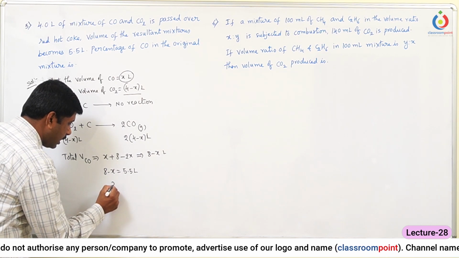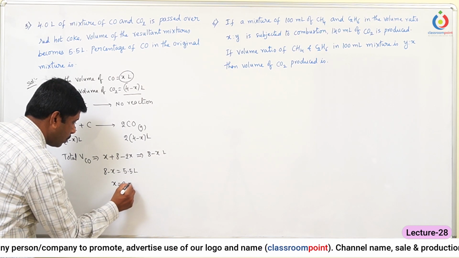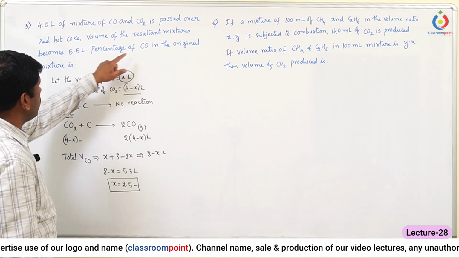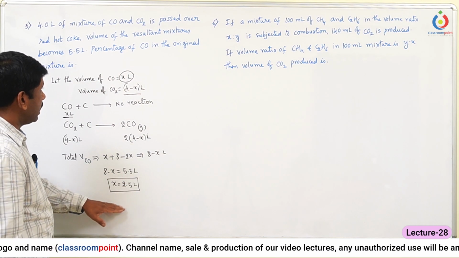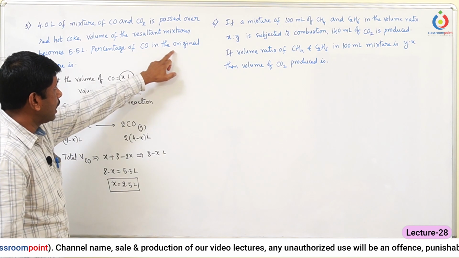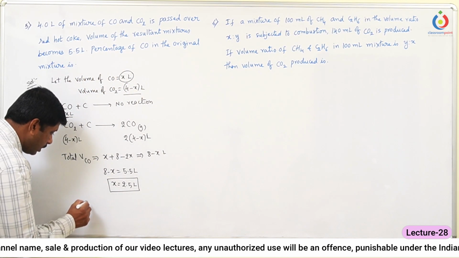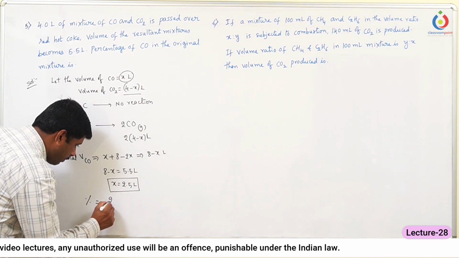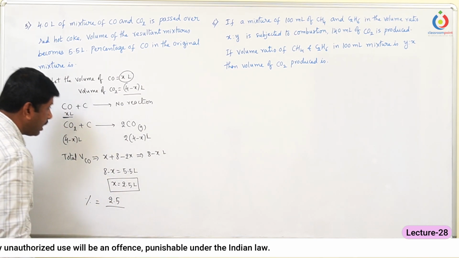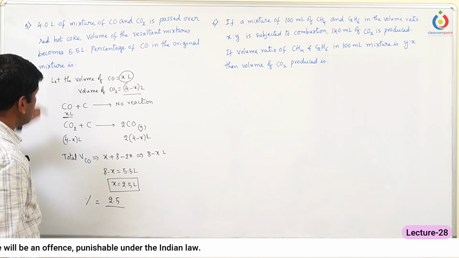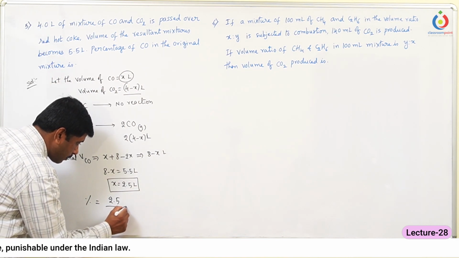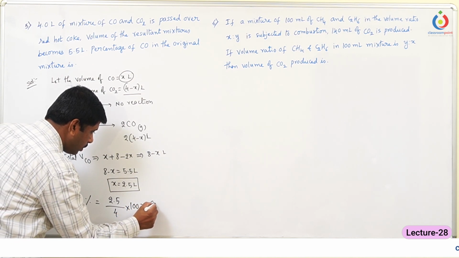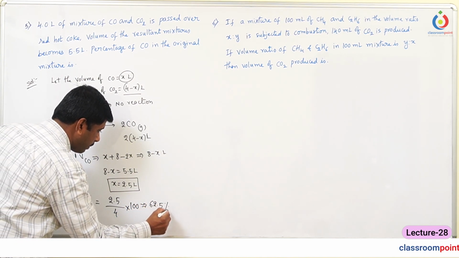Then x is equals to 2.5 liters, the volume of the carbon monoxide. But they are asking the percentage of carbon monoxide in the original mixture. So the value of the carbon monoxide divided by the original value, 4 liters, into 100, equals 62.5 percent.